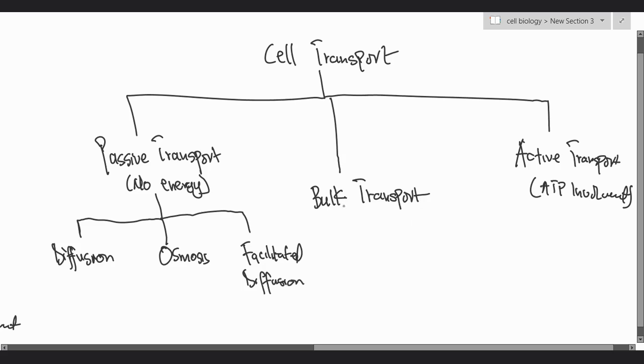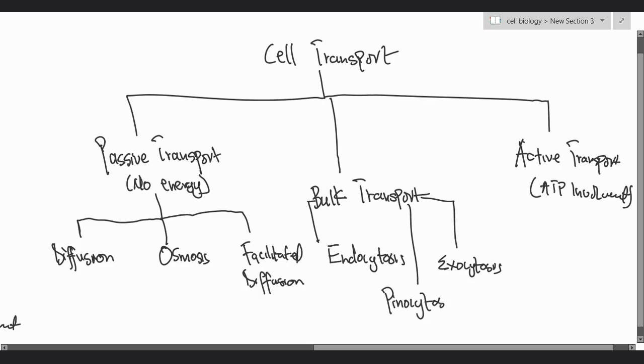Then for the bulk transport, we have endocytosis, exocytosis, then pinocytosis. I will explain them. Then for the active transport, we have primary active transport, then secondary active transport. Now let's talk about diffusion.